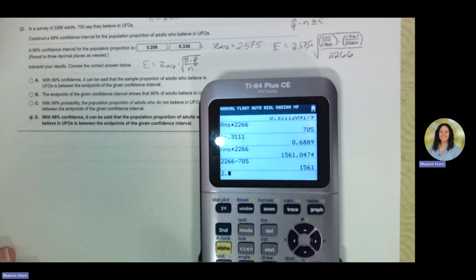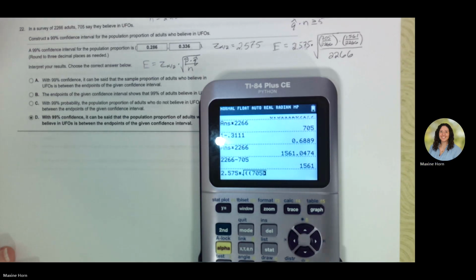So I'm going to be a little excessive with my parentheses just to make sure that the calculator is doing the order of operations correctly here, okay? So I have 2.575 times the square root of, okay, so underneath this, I'm going to have a parenthesis for the numerator, and I'm going to have a parenthesis for each of the fractions inside of it.